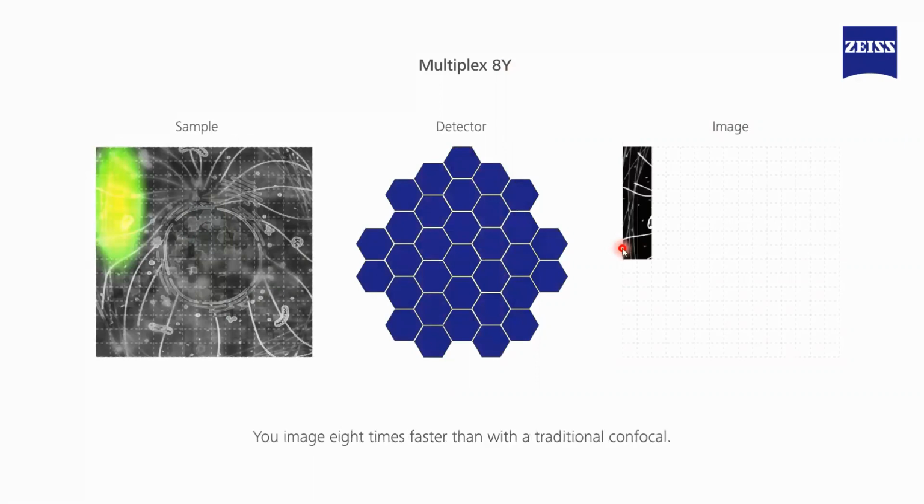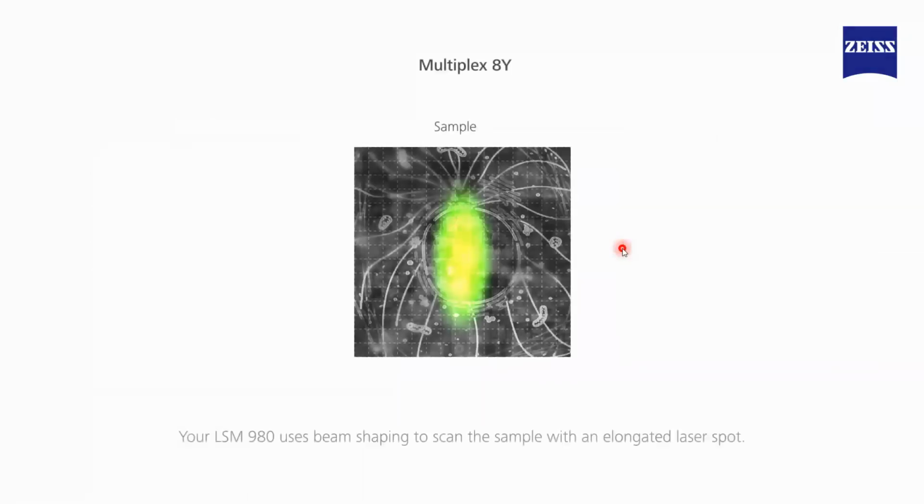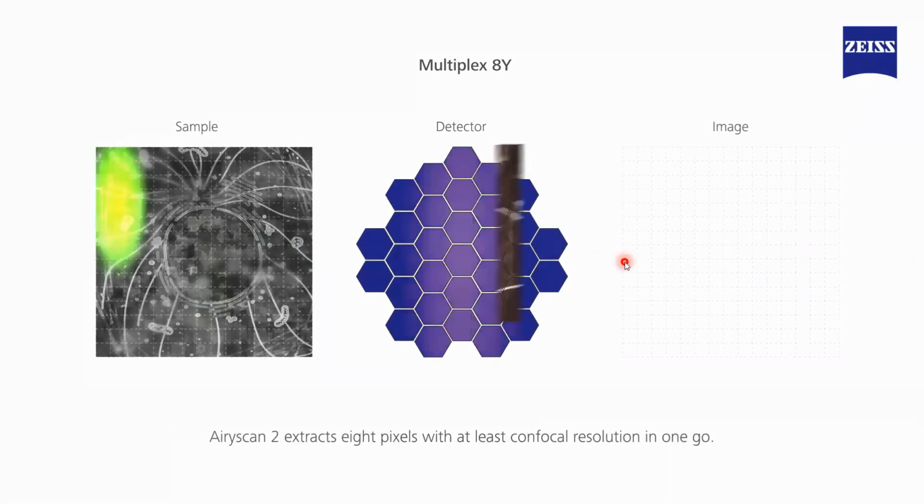So you are speeding up the acquisition of your sample by 8 times. And of course, you are using the Airyscan detector, so the resolution and the signal to noise is also higher. So you are able to image your sample much faster.